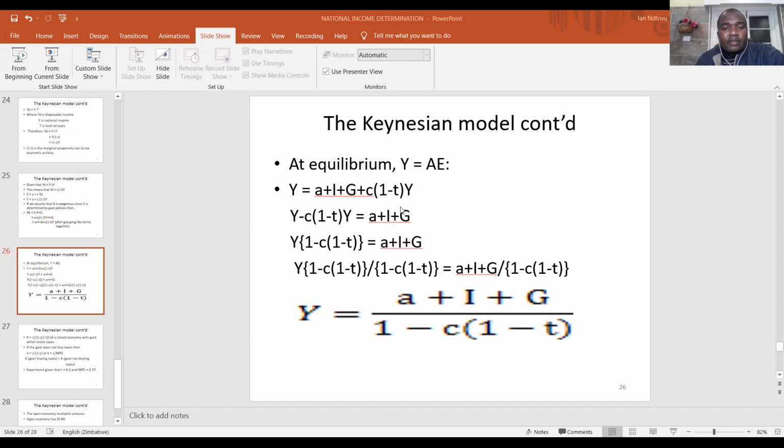which is c factor of 1 minus t multiplied by Y. So if we group the terms with Y together, we take this part which is income-induced to the left-hand side.